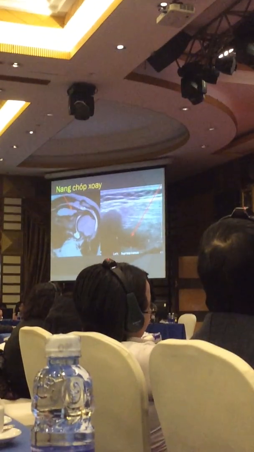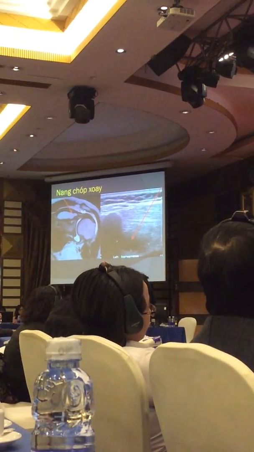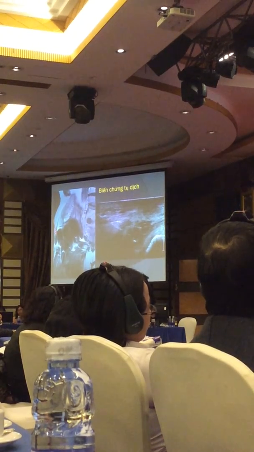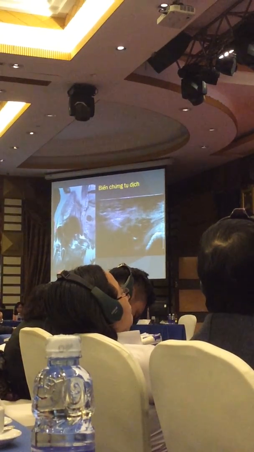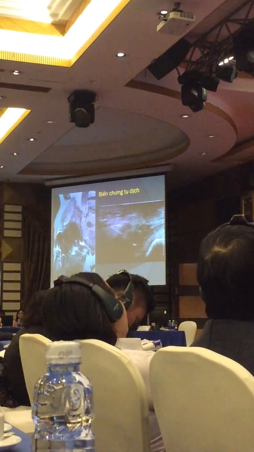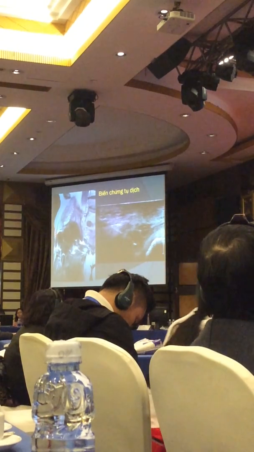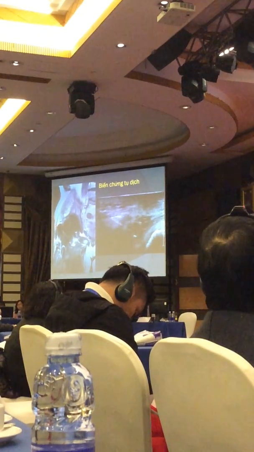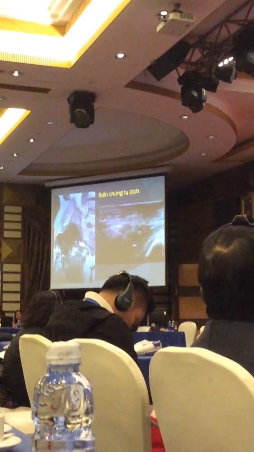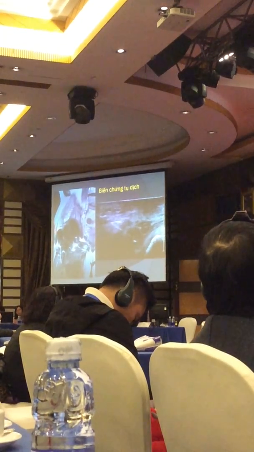Complicated fluid collections, especially around prosthesis. On MRI, you have these susceptibility artifacts, which actually prevent proper evaluation of the complicated fluid collection, but on ultrasound, the fluid collection is seen readily, and also aspiration can be done readily.